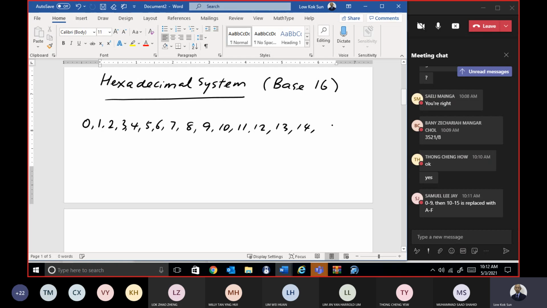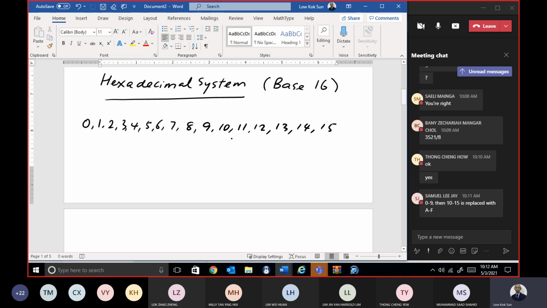Okay, it stops at 15. But there's confusion if you put 1, 5. Basically, you confuse it with system 10, because until now the rest is just 1, 0, 1, 1.